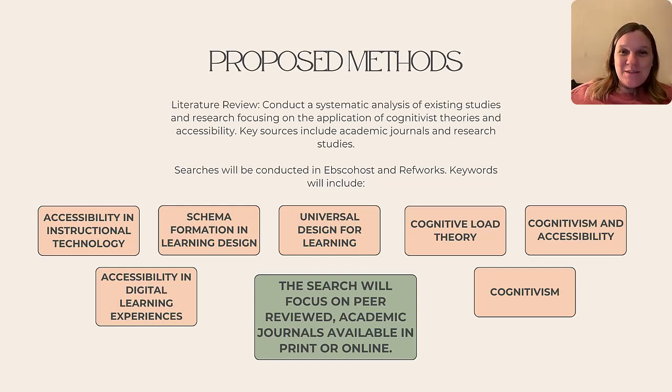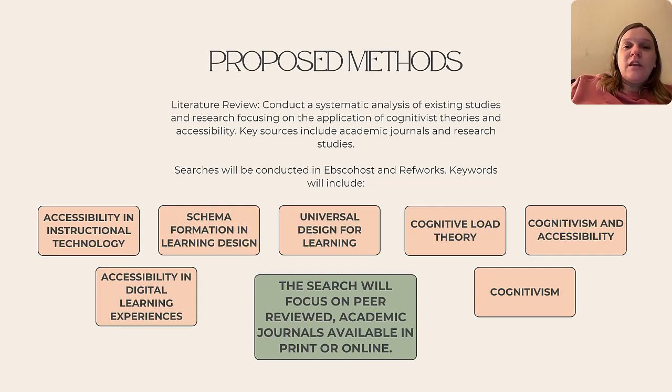The key phrases I will be using in my searches include accessibility in instructional technology, cognitive load theory, schema formation in learning design, universal design for learning, accessibility in digital learning experiences, cognitivism, and cognitivism and accessibility.